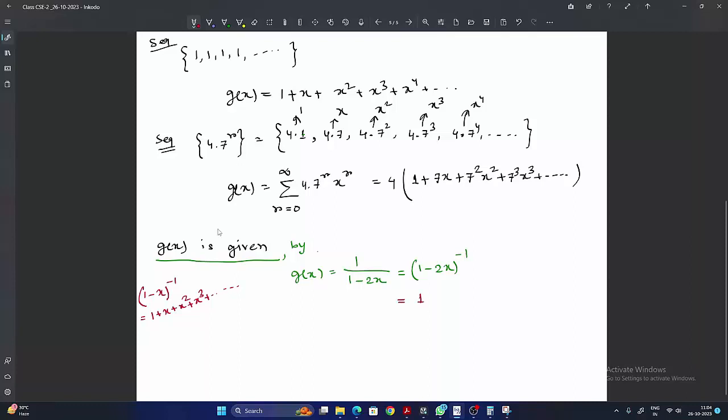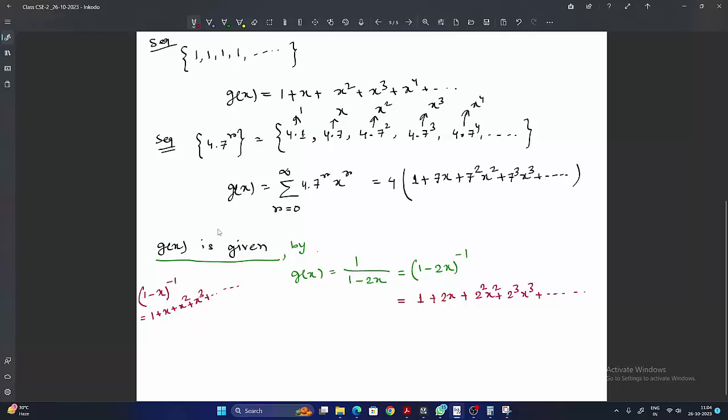So 1, then the term is 2x, then the term is 2 square x square, then 2 cube x cube, then it will continue. Now you can pick the values from there. So you can see the series. The sequence is actually: first term is 2 to the power 0, then 2 to the power 1, then 2 to the power 2, then 2 to the power 3.